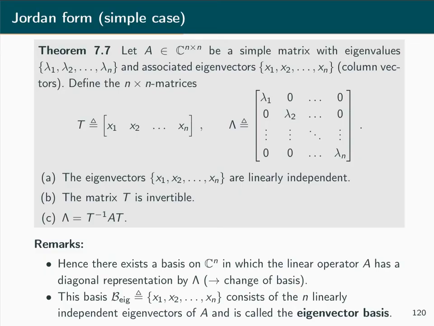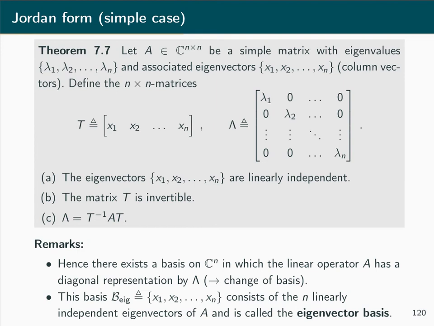Now some remarks about this theorem. If you compare this formula with the formula that we had for a change of basis on Cn, you realize that the two look very much identical.